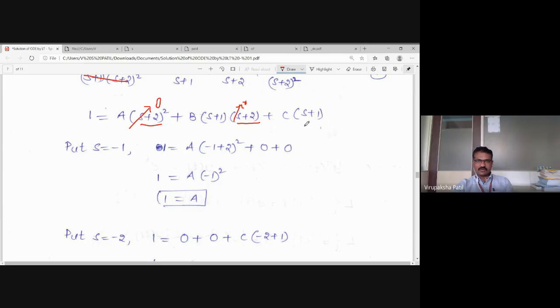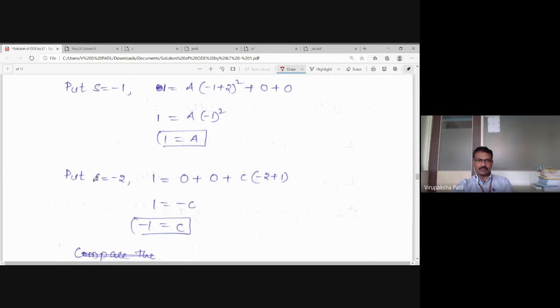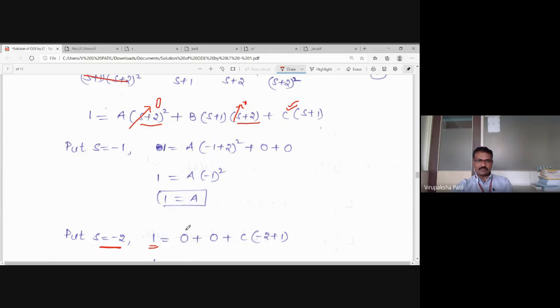So this becomes c into minus 2 plus 1, which is minus 1. So getting the value of c directly is possible here. Let us put s is equal to minus 2. On the LHS it is 1, keep that as it is. The a coefficient becomes 0, so it is directly 0. The b coefficient becomes 0, so this term becomes directly 0.